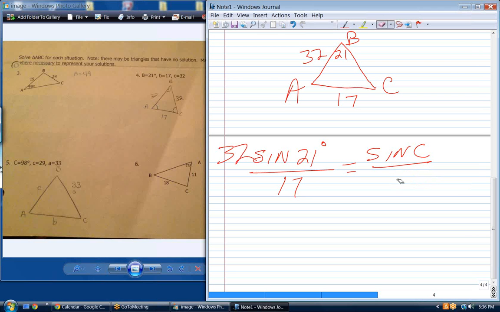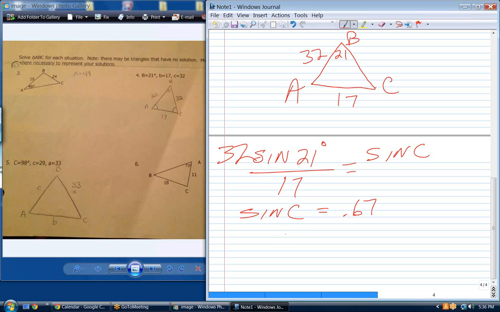In this particular case, I need a number because we need to check whether it's a possible ambiguous case or not. 0.6, and then take the inverse. Is it 0.6 something? Yeah, 0.67.